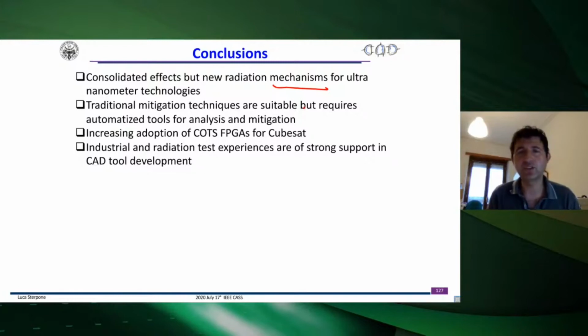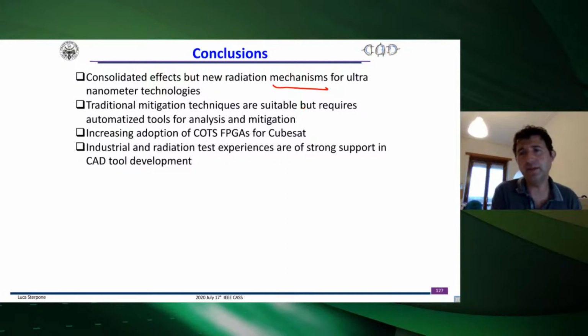Basically, they rely on scrubbing, triple modular redundancy, and guard gate. These are really the three main scenarios. These three main scenarios then can have different alternatives. You can find in the literature a lot of examples with different alternatives of this implementation.